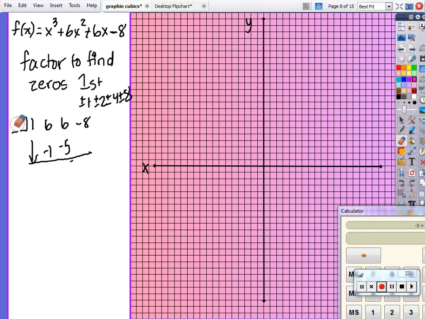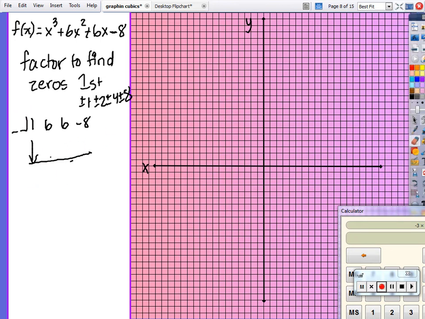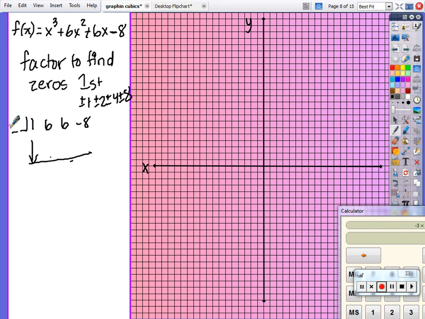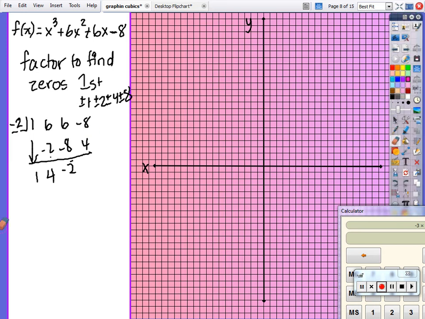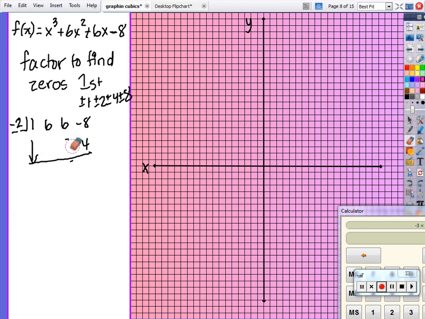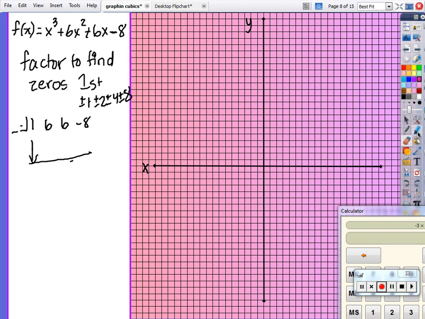It's got to be one of the next ones. It's got to be the 2 or the negative 2. Oh my goodness, let's try the negative 2. So that's negative 2. That gives us 4. That's negative 8. That gives us negative 2. This is positive 4. Doggone it, I picked the wrong 2. One more time, let's try the 2.